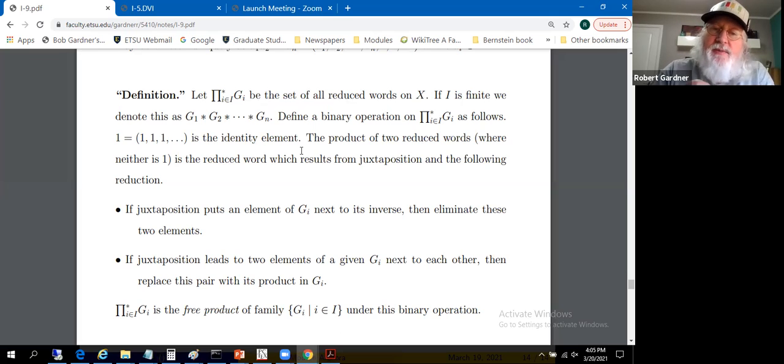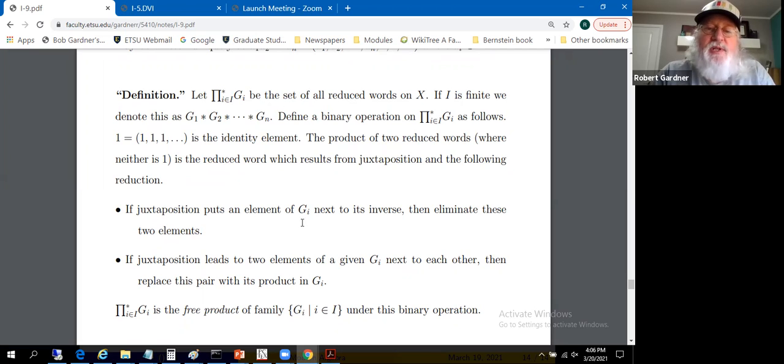That defines the binary operation on 1. And the product of two reduced words, other than 1, is the reduced word which results from juxtaposition followed by reduction. So we'll place one word after the other and then make sure we get a resulting reduced word.